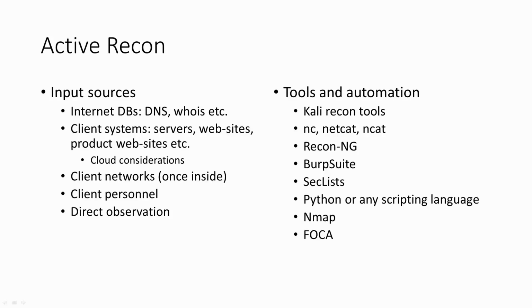Of course, there is recon-ng. Of course, there is Burp Suite, which is essential in any web application penetration testing, and it has this Intruder functionality that is perfect to automate web reconnaissance, right? Brute forcing URL paths in Burp Suite is as simple as doing nothing.